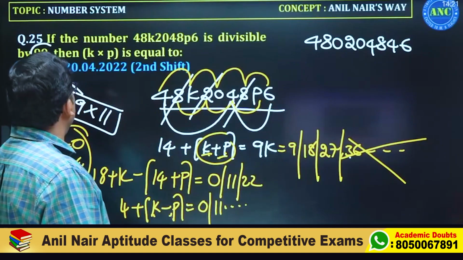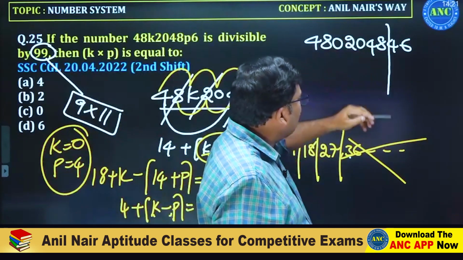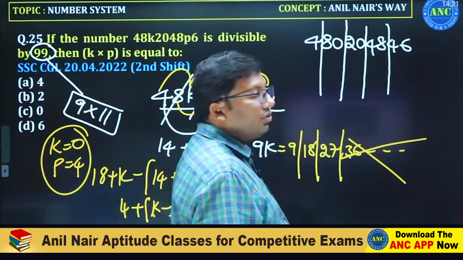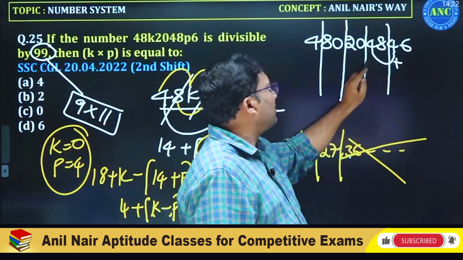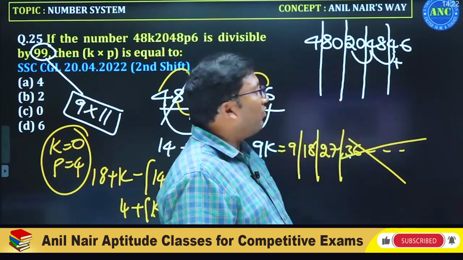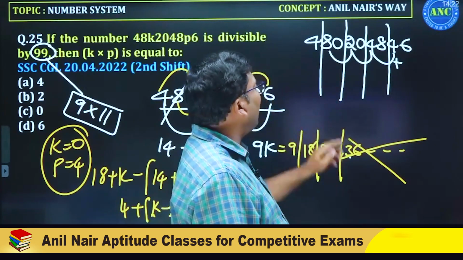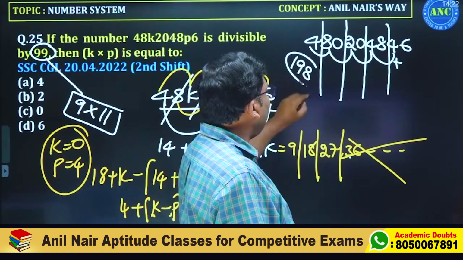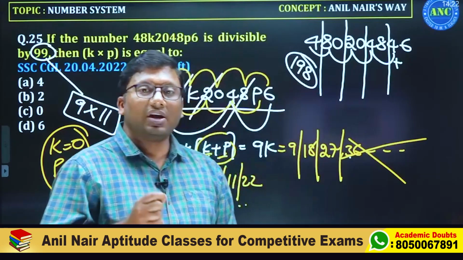What is the divisibility rule of 99? Take a group of 2 digits from the right-hand side, and add them. 46 plus 48 is 94, plus 20 is 114, plus 80 is 194, plus 4 is 198. 198 is 99 into 2, perfectly divisible.